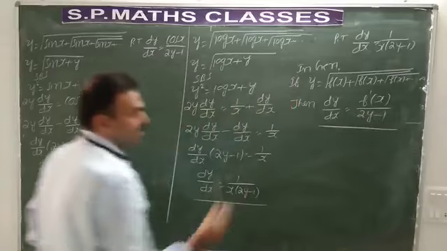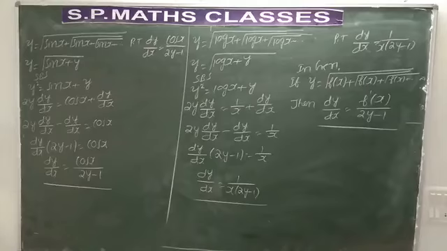That's the important expression. Hope you have understood this problem. So we generalize and write. This is one of the important questions you need to remember. Hope you have understood all these three problems.